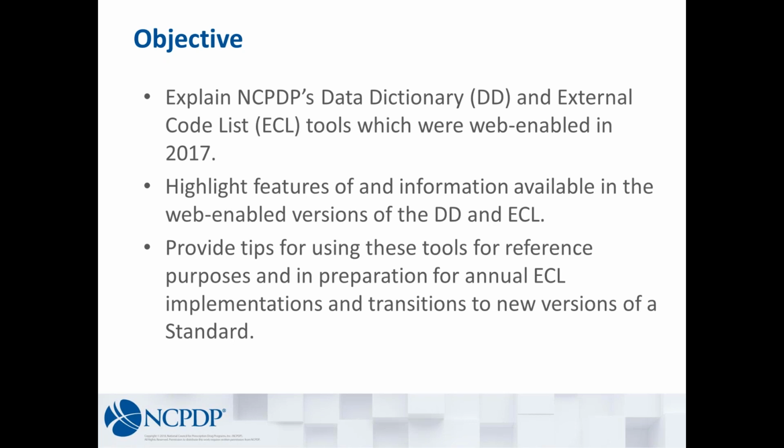We'd like to highlight some of the features that are available in the web-enabled tools, as well as what type of information you may find there, and also provide some tips for using the tools, either for reference purposes or when you're preparing to do the annual ECL implementation, or when transitioning to a new version of the standard. I will be reviewing information first on slides that have screenshots, and then I will be doing a brief live demo on the web-enabled tools prior to the Q&A.